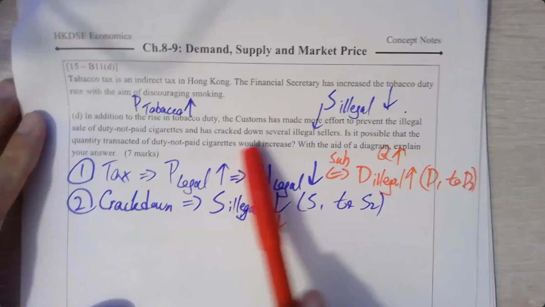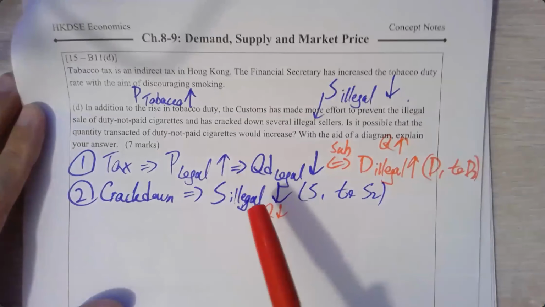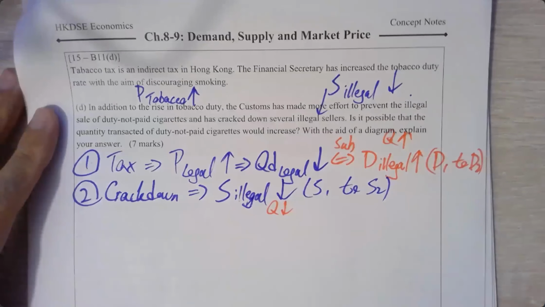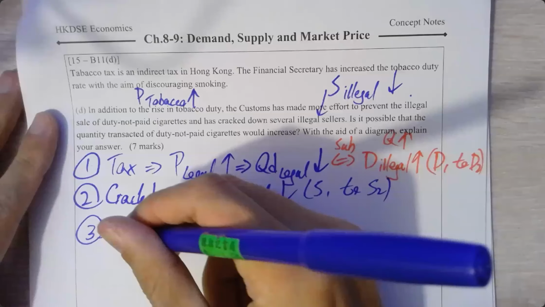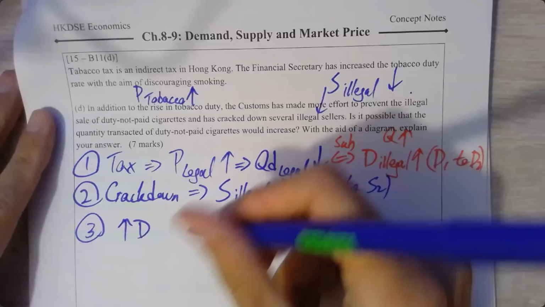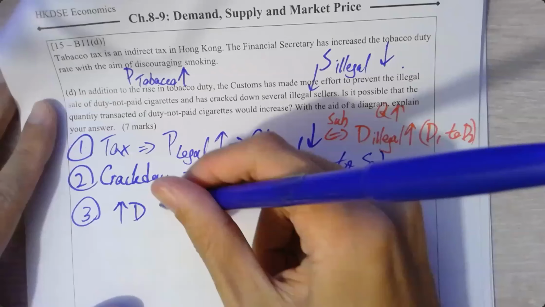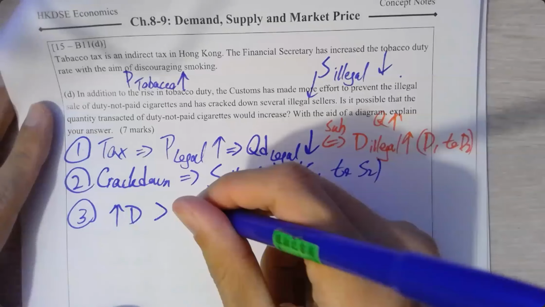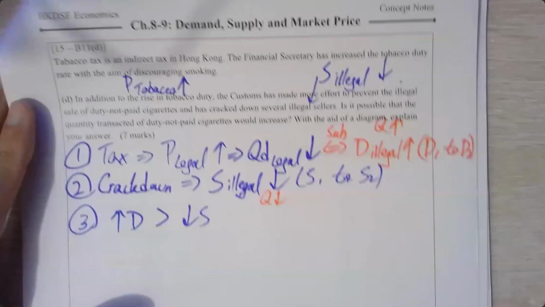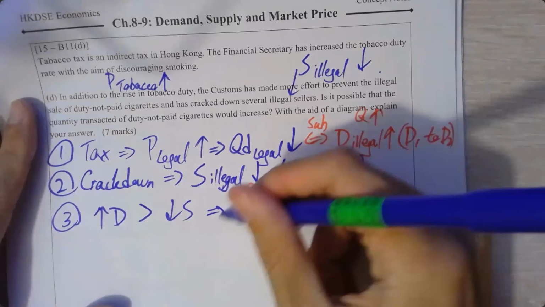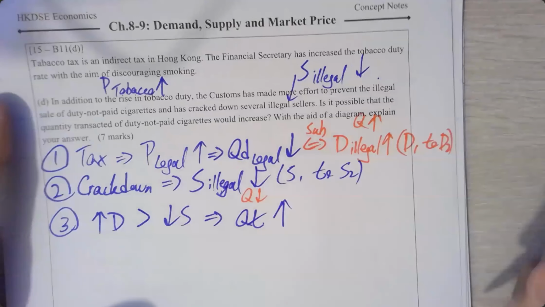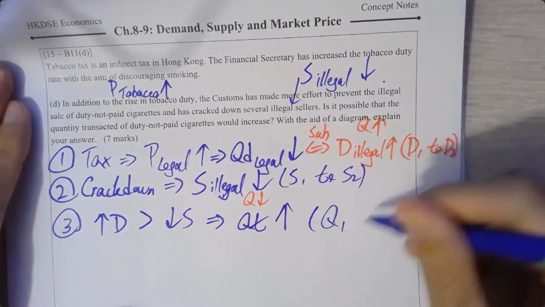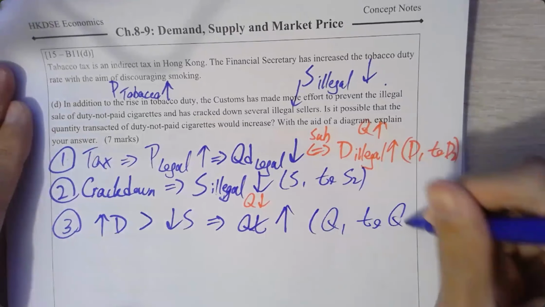Is it possible the quantity would overtake? Okay, yes. Finally, we say if the increase in demand for the illegal cigarette is larger than the decrease in supply of the illegal cigarettes, then the quantity transacted would increase from Q1 to Q2.